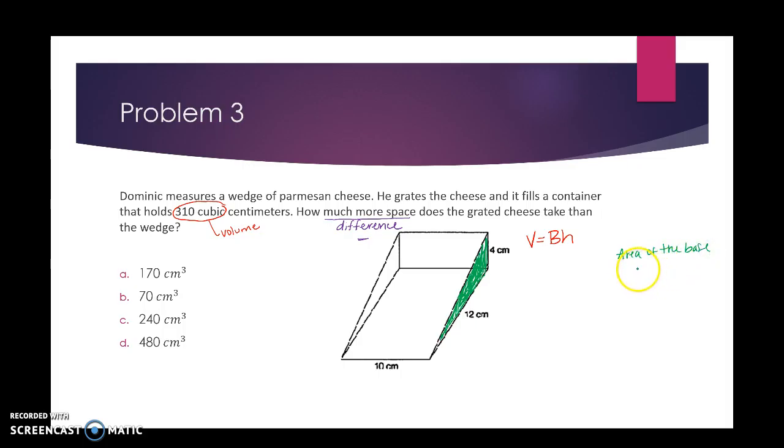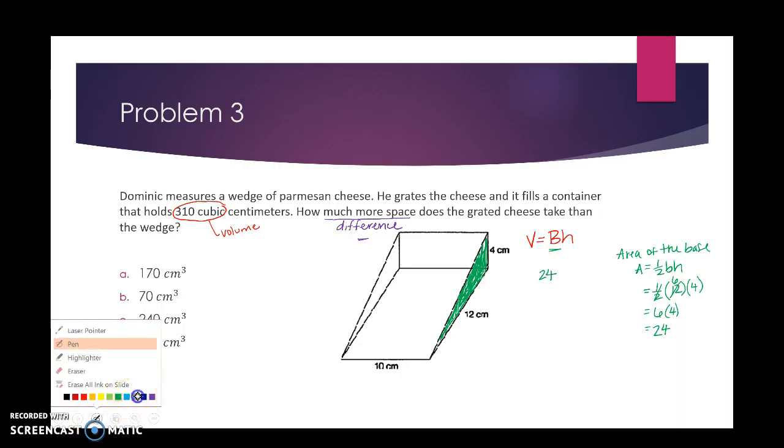So it's a triangle. So area equals 1/2 base times height. So it's 1/2 12 times 4. Half of 12 is 6. So 6 times 4 equals 24. So that's going to get plugged in right here.